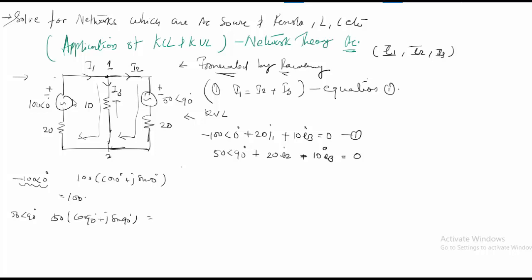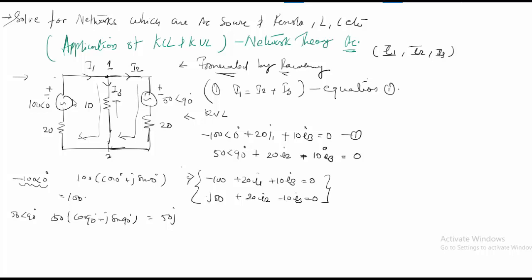So this will become 50j. So again, putting those values in the equation, it will be minus 100 plus 20 I1 plus 10 I3 is equal to 0, and j50 plus 20 I2 minus 10 I3 is equal to 0. So these are the two sets of equations which I will get.